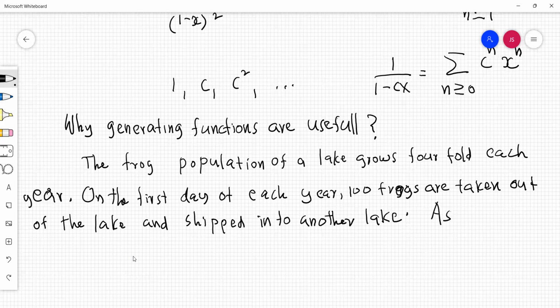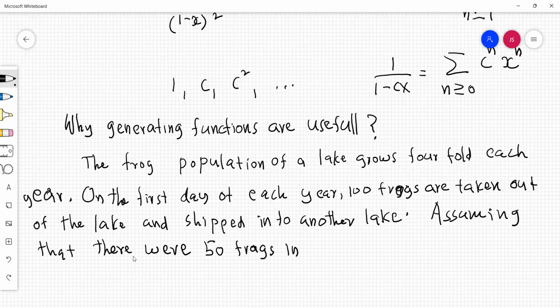Assuming that there were 50 frogs in the lake originally, how many frogs?